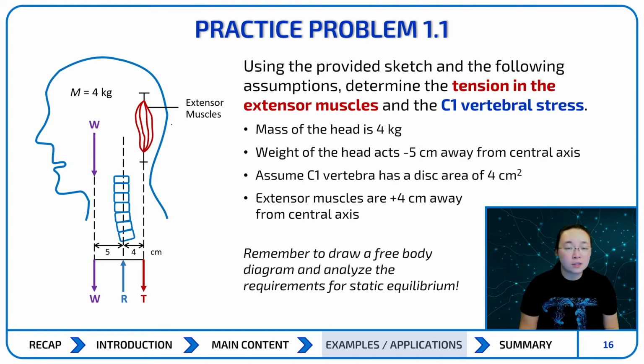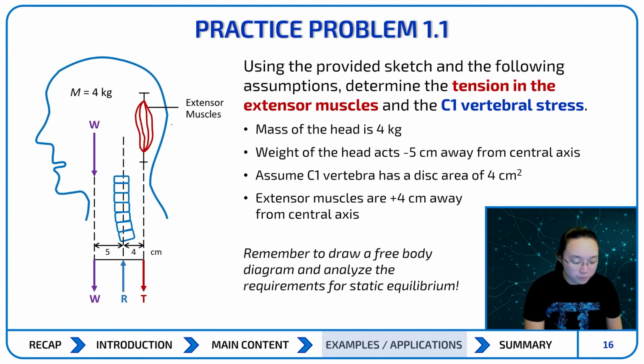We can assume that the C1 vertebra has a disc area of 4 centimeters squared. In terms of the head, it isn't exactly straight above your C1. You also have additional features of your head that make its center of mass slightly off where your spine is.